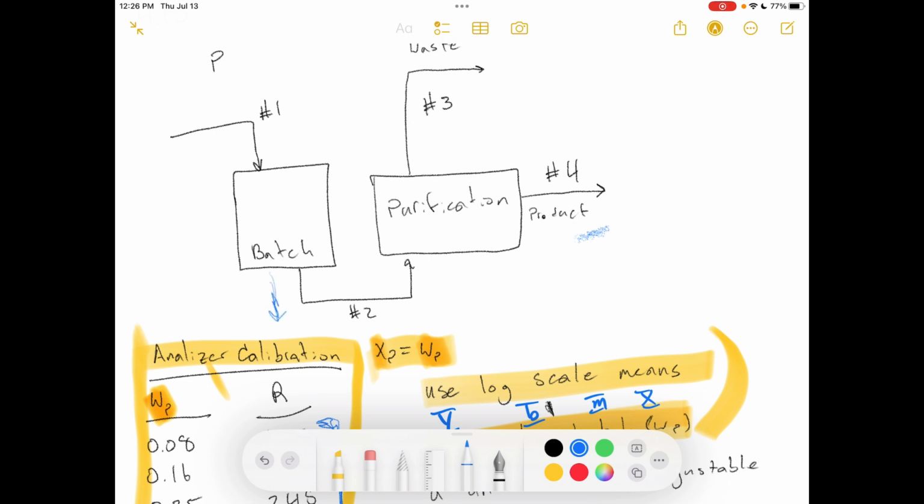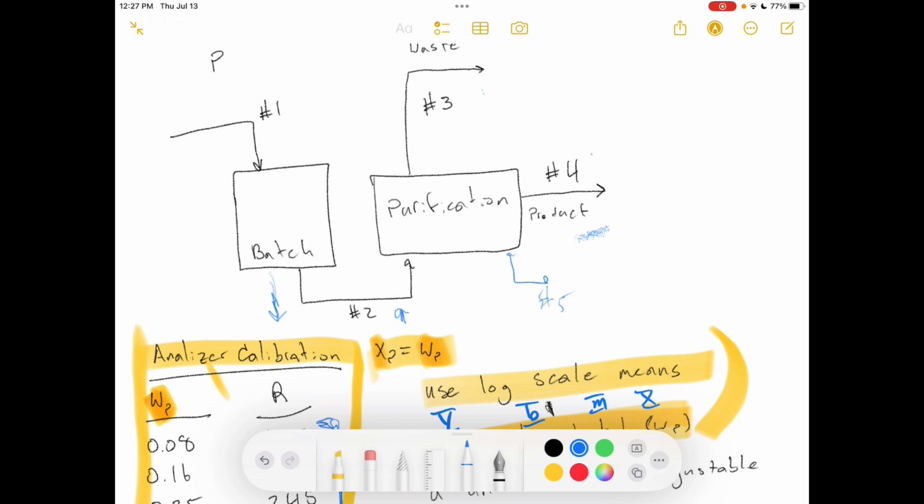Maybe there's some waste coming off here, or maybe there's a leak in the reactor and there's a fifth stream here that we don't know about because we're losing stuff. Maybe the flow meter on this is not measuring correctly, or the flow meters here and here are not good. So you just start digging and looking into all the different possible ways that this could happen based off of the different measurements you have.